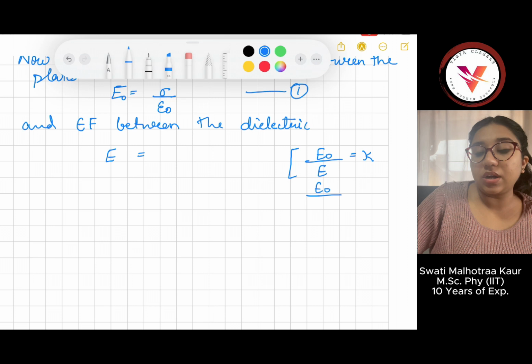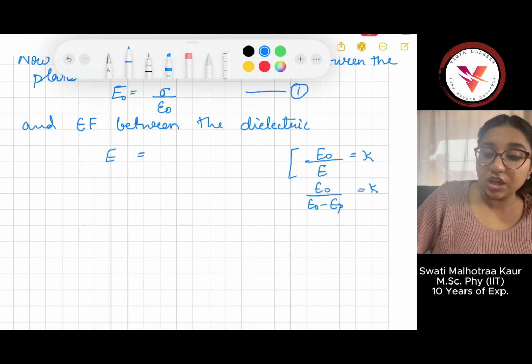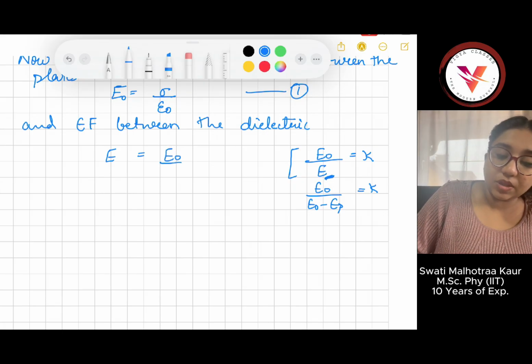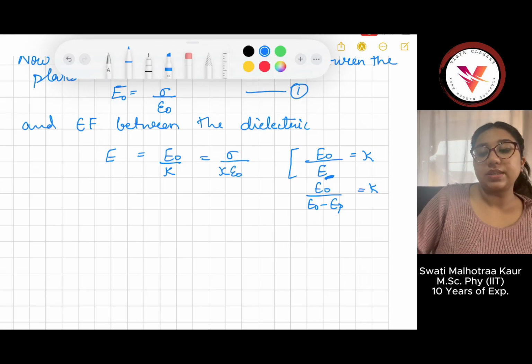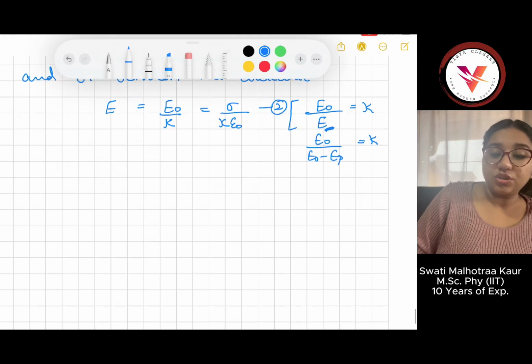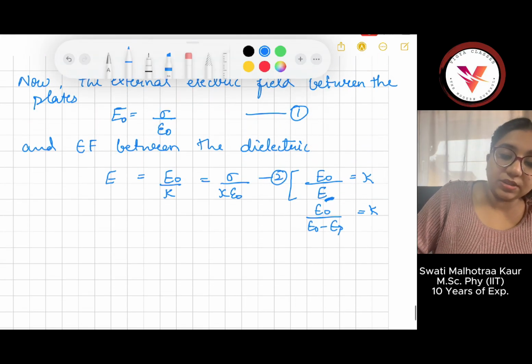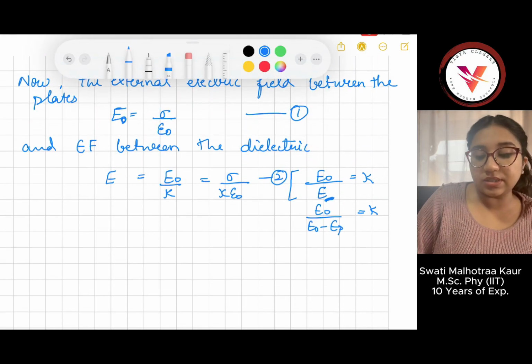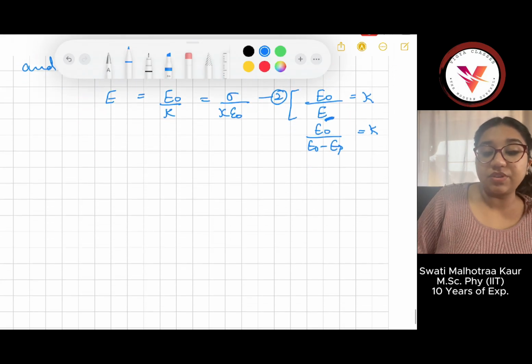That is, E naught upon E naught minus EP is equal to kappa. So from here, E can be written as E naught by kappa, where E naught is sigma by epsilon naught. So it is like this. Second, these are the two electric fields. One is outside, external, and this one is inside the dielectric.